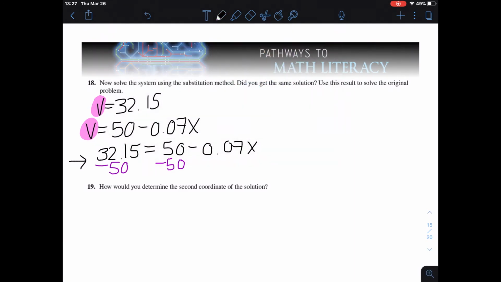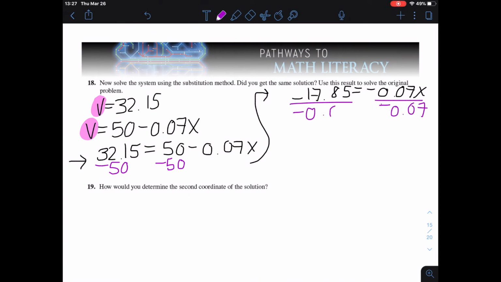That gives us negative 17.85 is equal to negative 0.07x. To get x, you divide by negative 0.07, and that gives us x is equal to 255 minutes.